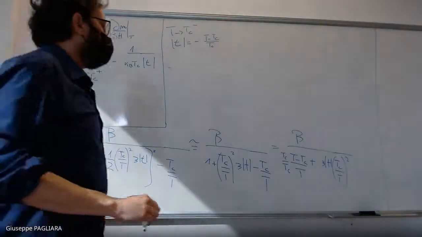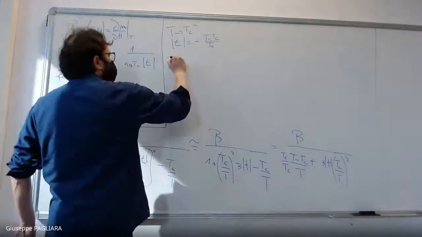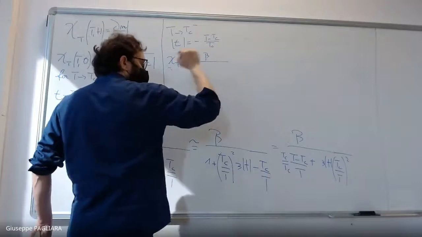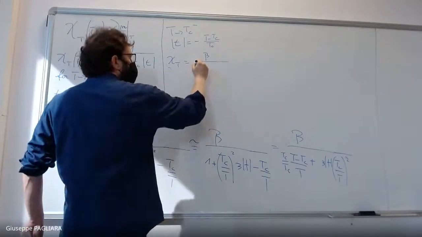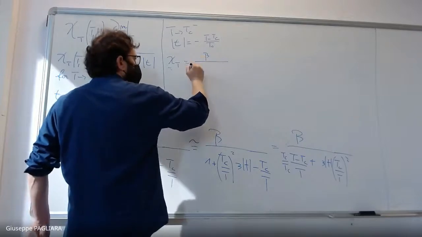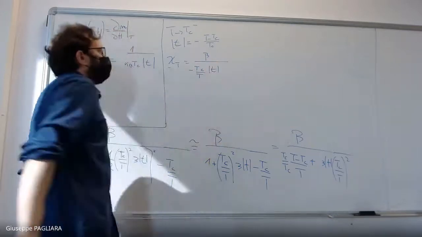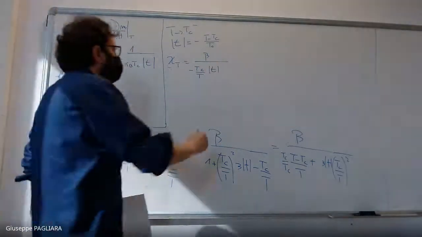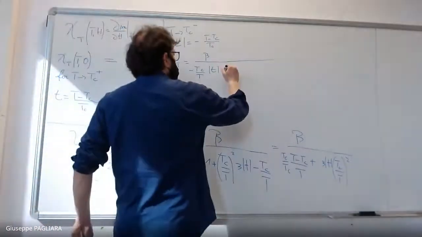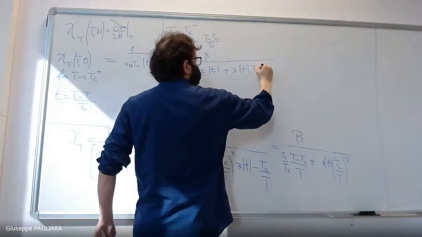So then the chi of T is equal to beta, and here I have T divided by T, and then I have a minus T, and then I have plus 3 divided by T.